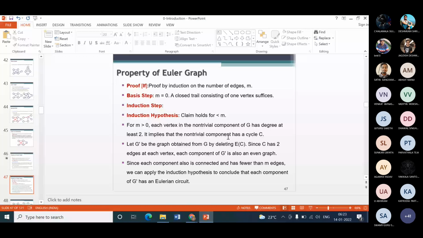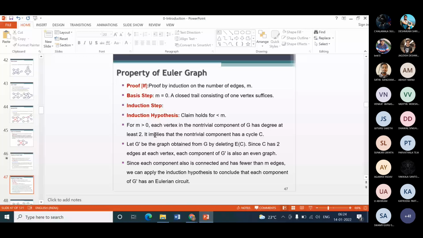Now let G prime be the graph obtained from the original graph G by deleting the edges of this cycle. In the non-trivial component every vertex has degree at least 2. Since they are even, we can find a cycle.